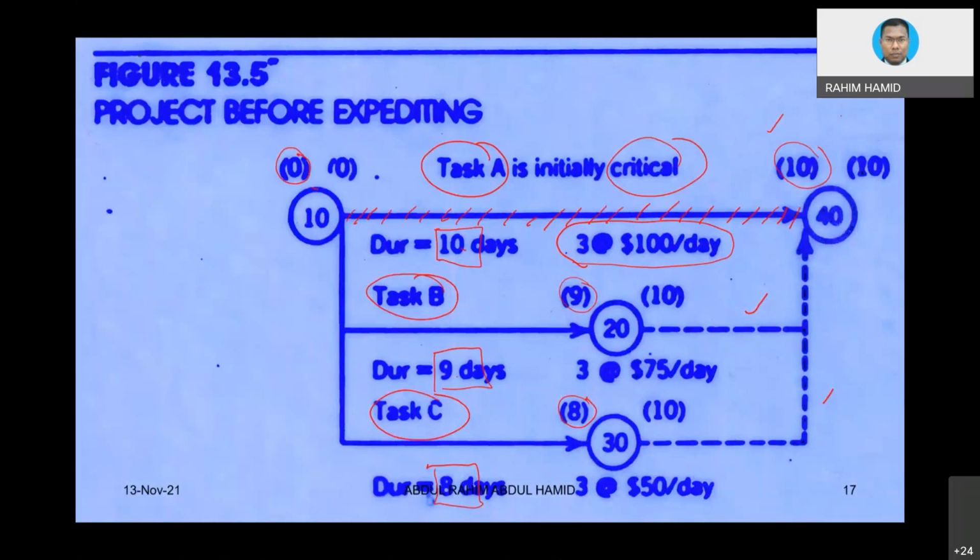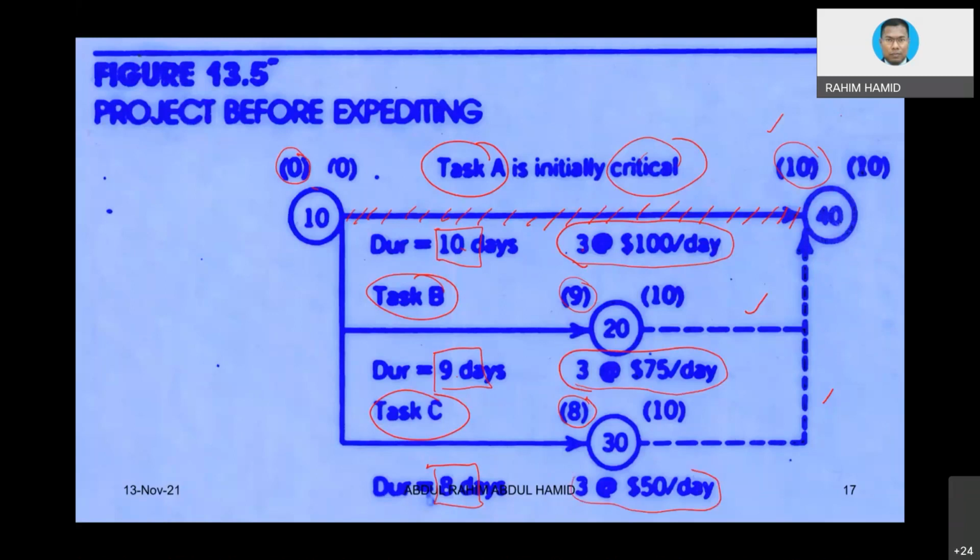So we put a note there so that when we do the crashing, we are not going to go over the limit. Similarly, activity B is 75 ringgit, and we can also crash by a maximum of 3 days. And activity C looks like the cheapest.